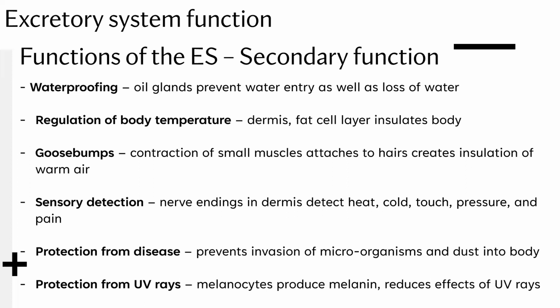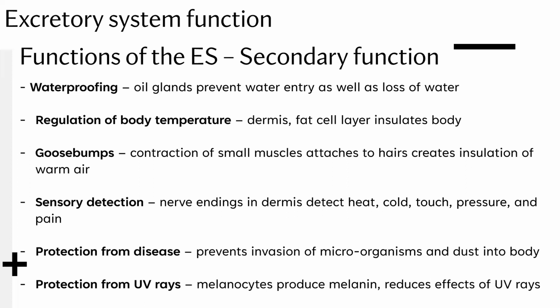So there are a variety of functions. This is just for the skin, but for each of these excretory organs, there are a variety of functions additional to the main ones, which are common between the excretory system organs. The other ones, they have their own secondary functions as well, which are more detailed and specialized.